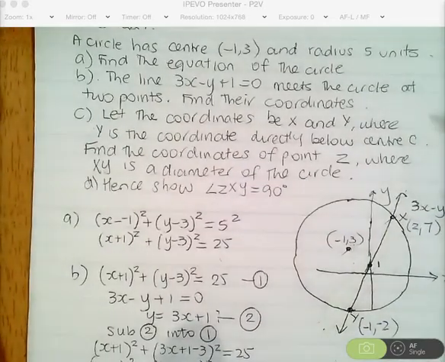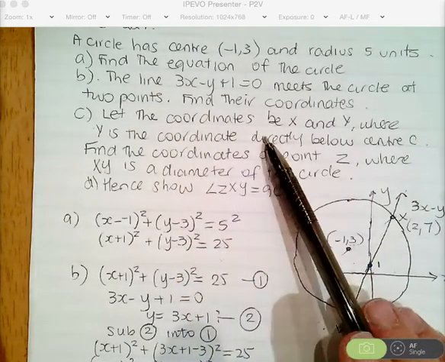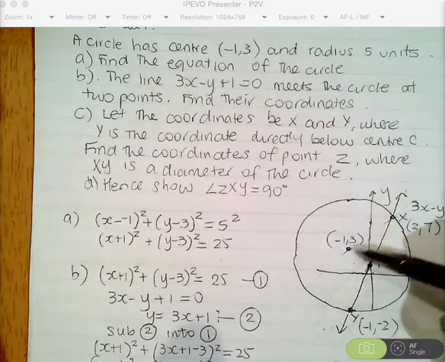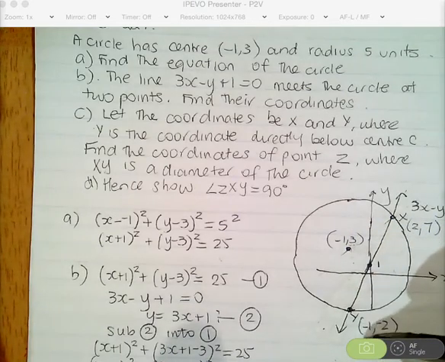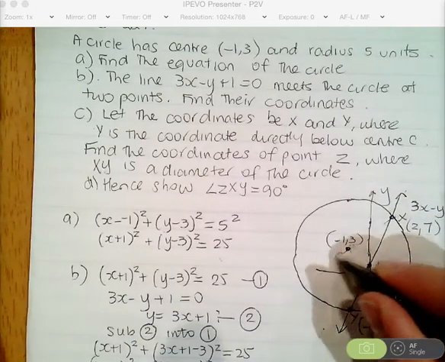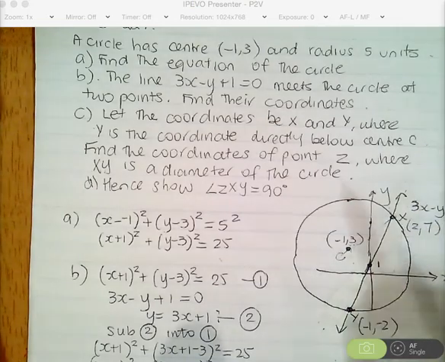So the question was find the coordinates of the points of intersection, which we've just done. Then it says let the coordinates be X and Y, where Y is the coordinate directly below centre C. Now we know that one of the points of intersection was -1, -2, that's below the centre C, so that's point Y. The other point of intersection is 2, 7.